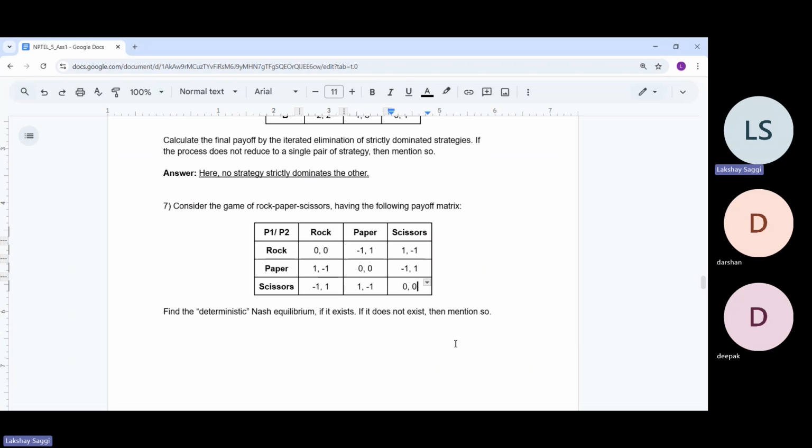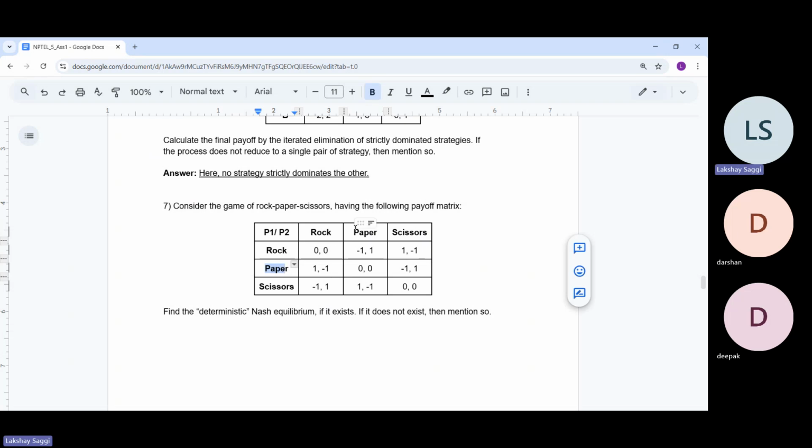Now the problem asks: find the deterministic Nash equilibrium if it exists. If it does not, then mention so. This word deterministic might be a bit confusing, but essentially what we're asking for this kind of payoff game is: does there exist a pair of strategies which is a Nash equilibrium?